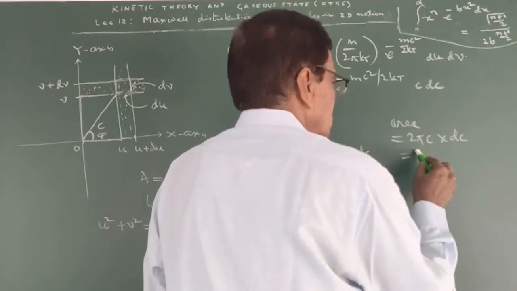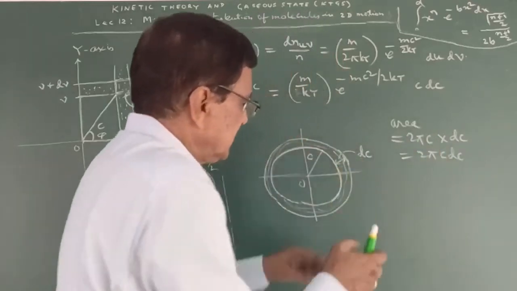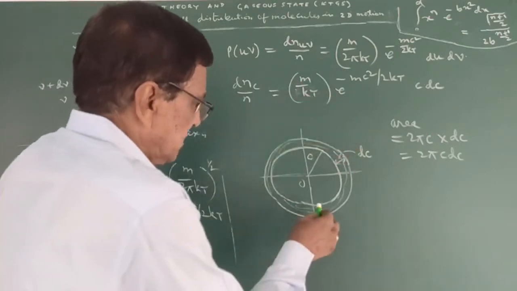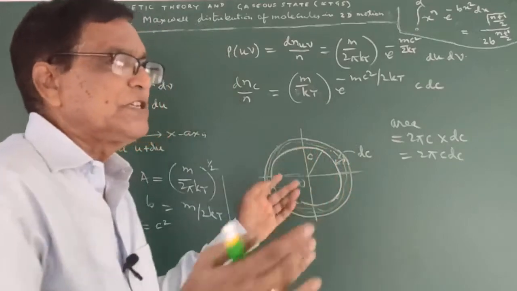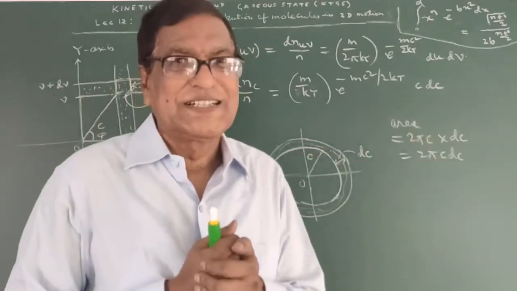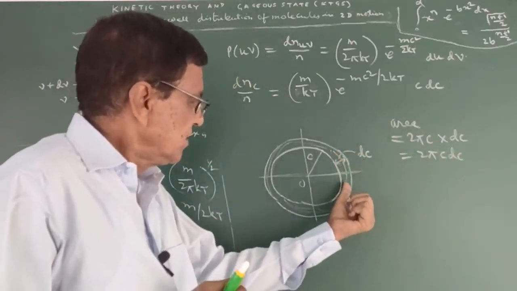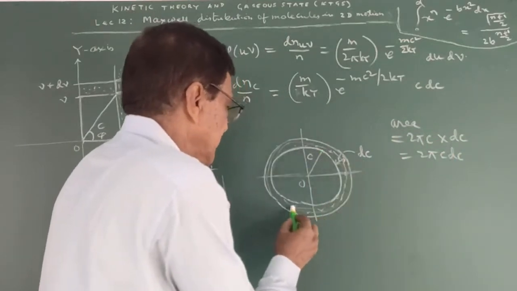So twice pi c dc is the area between the two circles, and the molecules that have the speed c to c plus dc irrespective of directions in planar motions will be placed, or points would be shown, in this area.